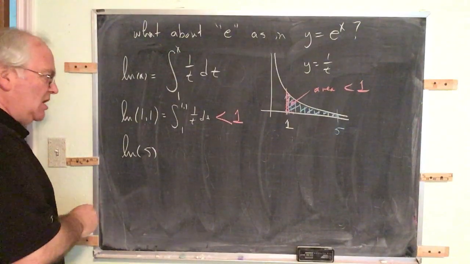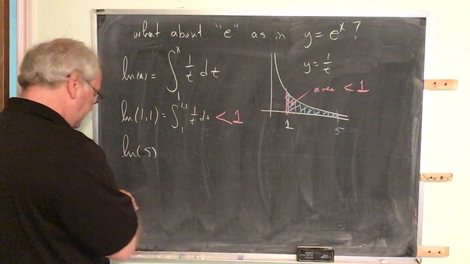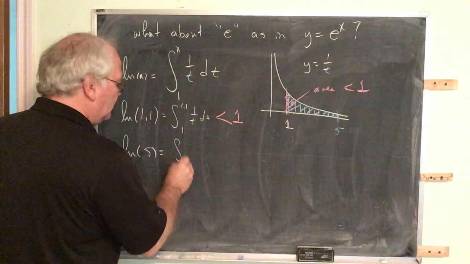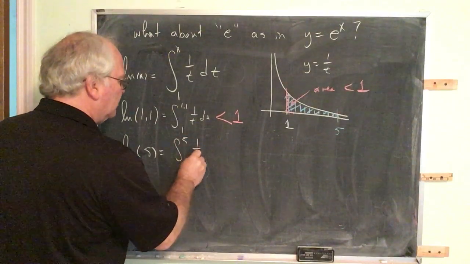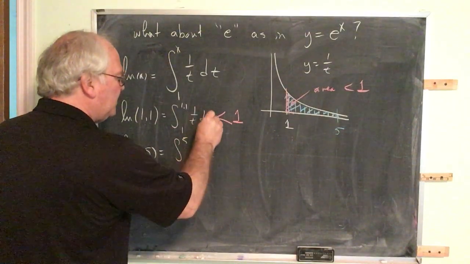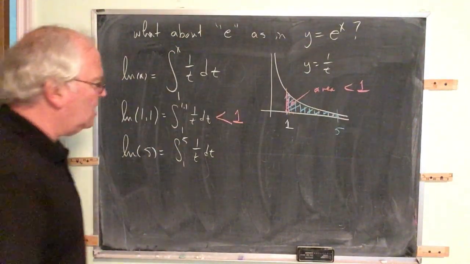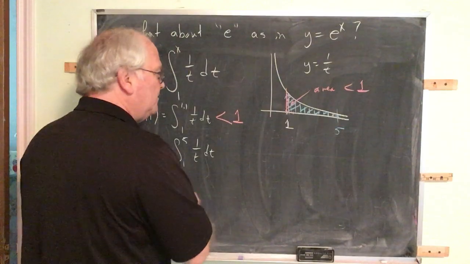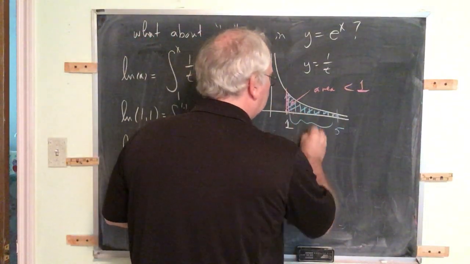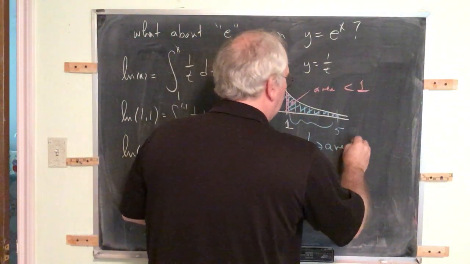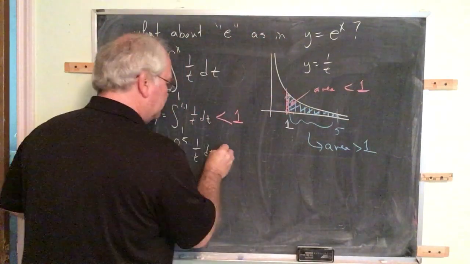And it can be shown, it's not particularly challenging, that the integral from 1 to 5 of 1 over t dt, the specific number is not important, but what it can easily be shown is that value, this blue area, is greater than 1.